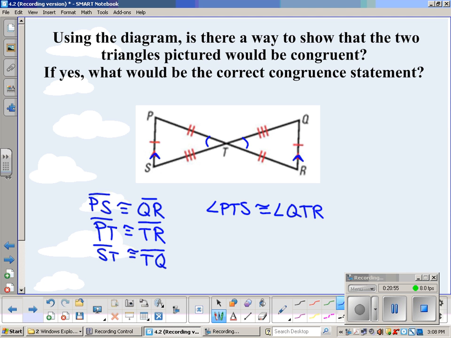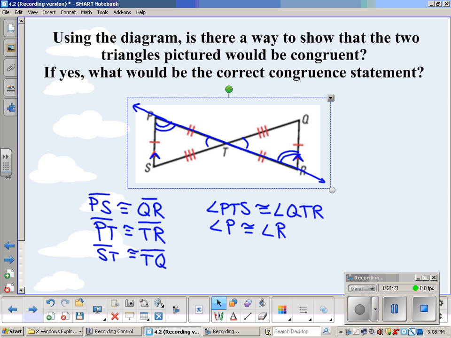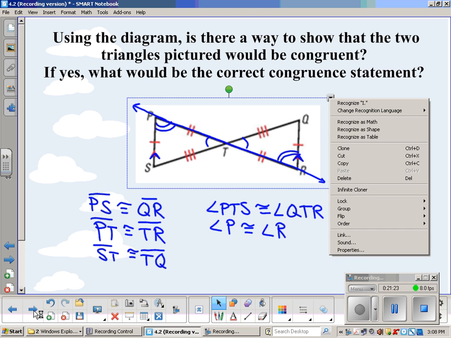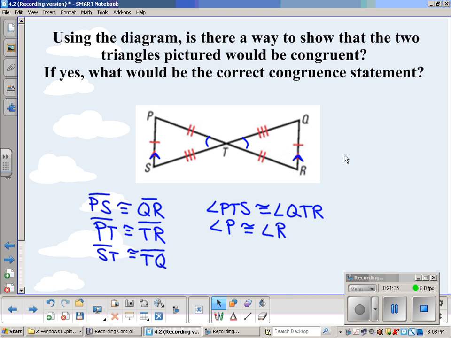Now remember, when we have parallel lines, we also have a transversal, which gives us angle pairs. So if I look at line PR, and imagine it goes through, then I know I have a pair of alternate interior angles that are congruent. So that means angle P is congruent to angle R. Okay, let's get rid of that line so that we don't have to see it anymore, because we want to look at our other transversal.